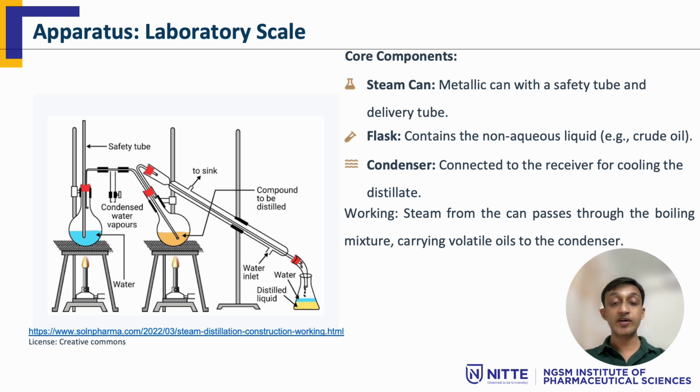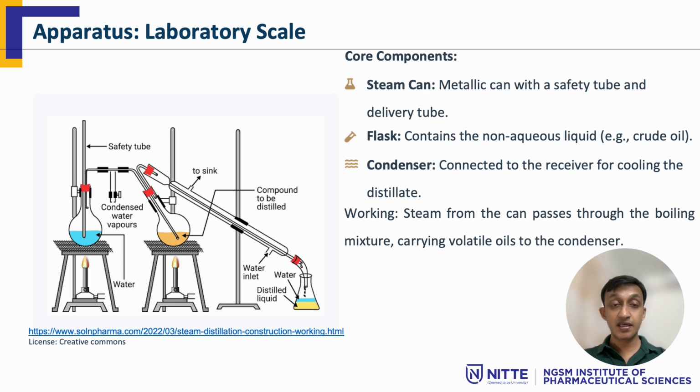The resulting vapor mixture then moves into the condenser. This is usually a water cooled condenser where cold water circulates externally. The hot vapor loses heat and condenses back into the liquid form. Finally, the condensed liquid is collected in the receiver.